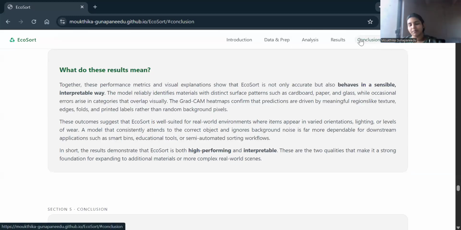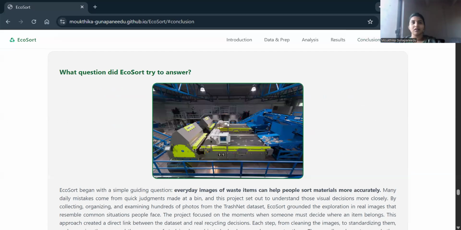So, stepping back, EcoSort answers the original question in a few ways. So, first, yes, images can absolutely help us understand where sorting confusion comes from. By training a model and then examining both its successes and its mistakes, we get a structured view of which materials are clear, which pairs are often mistaken for each other, and how differences in textures, thickness, and shine affect perception.